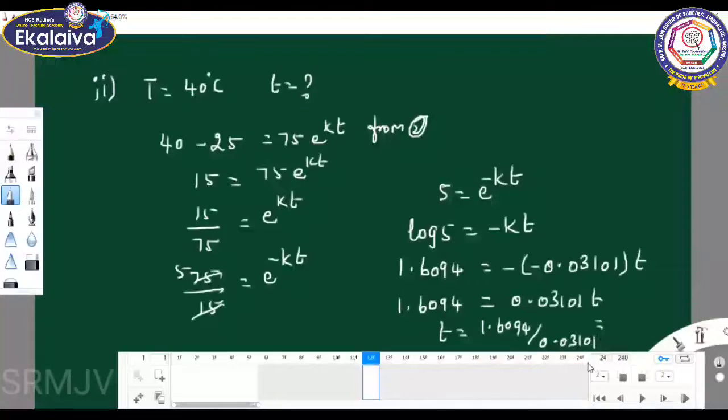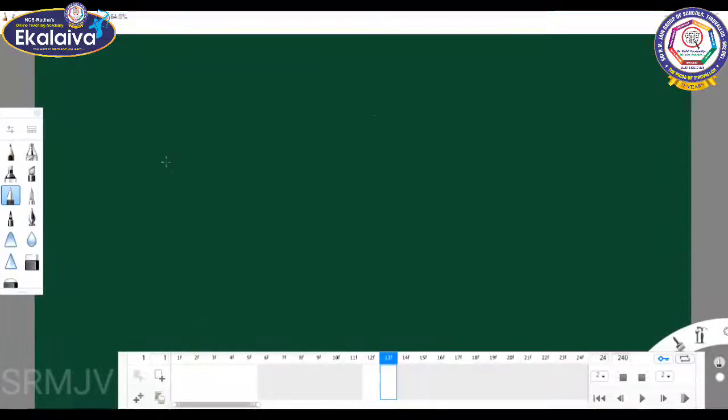You will divide that value. Multiply both numerator and denominator by 10,000, so 16094 by 310.1. Now divide 16094 by 310: 5 times 310 is 1550, and the remaining value is 594.